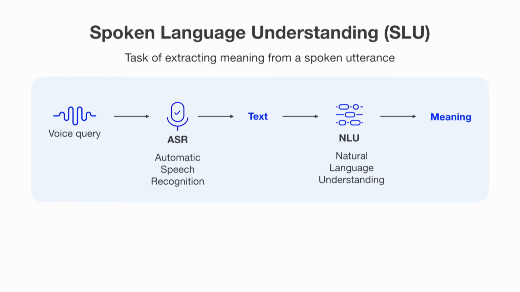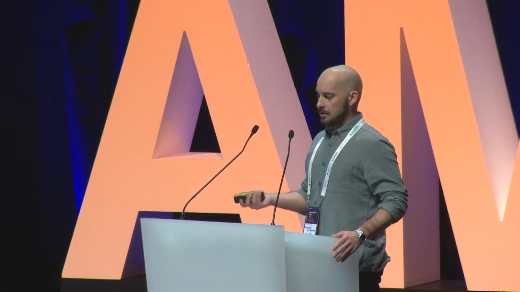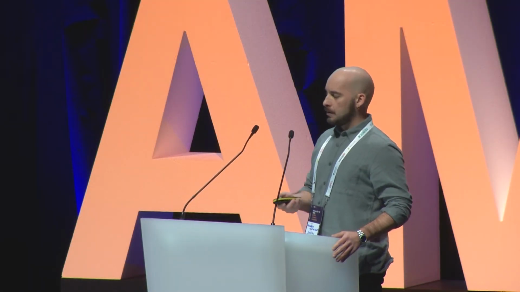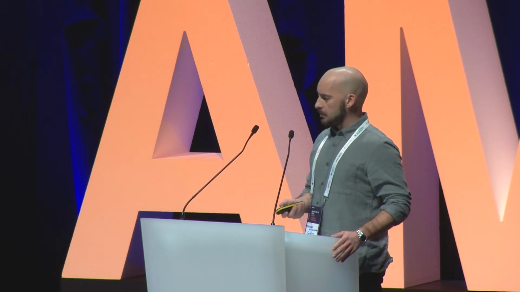So the context we are considering here is the one that is typical of closed domain voice assistants. For example, an assistant you could use to control the lights of your house. A suitable way to express meaning is basically through two different concepts. One is the intent and the other is the slots.